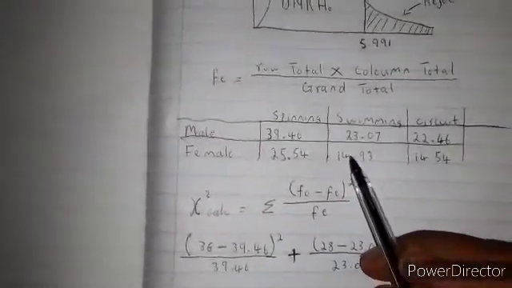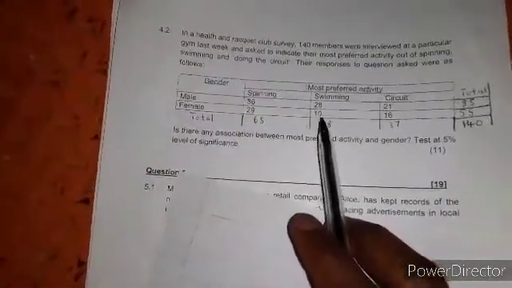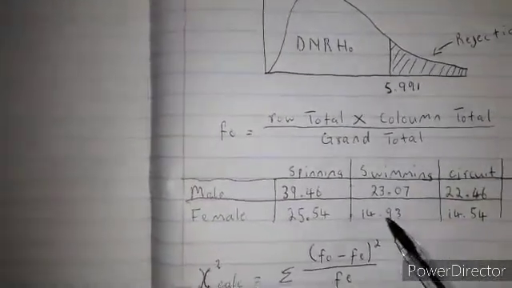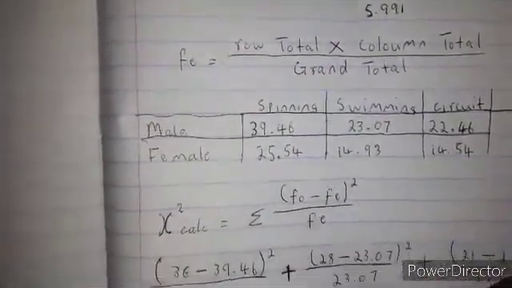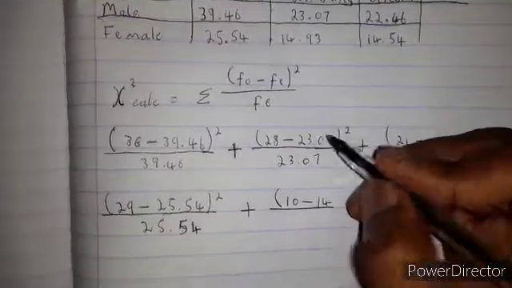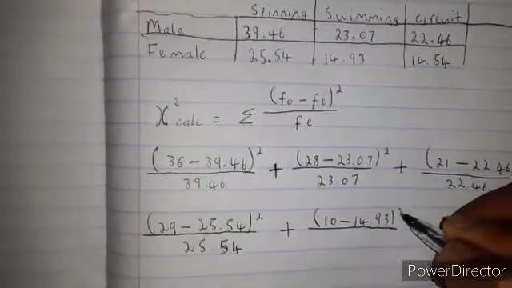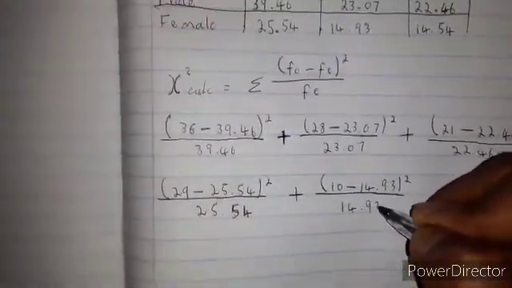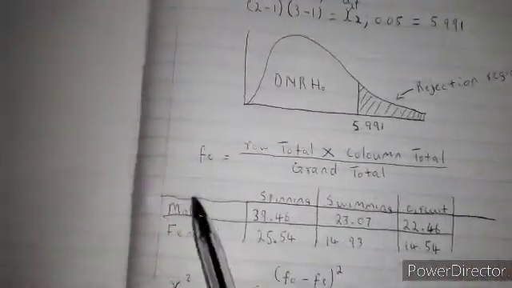what is the observed frequency of swimming on the female row? It's 10. 10 minus the expected frequency, which is 14,93, all squared, divided by 14,93, plus the last column.